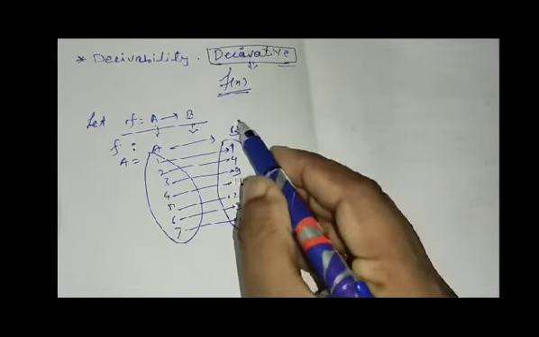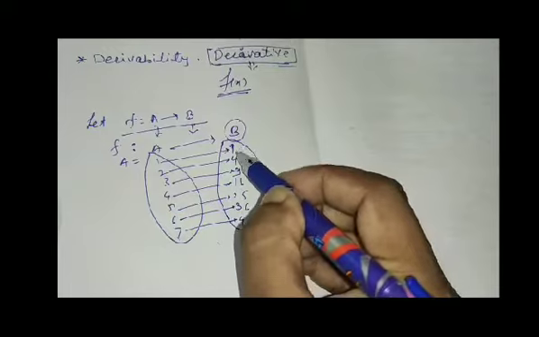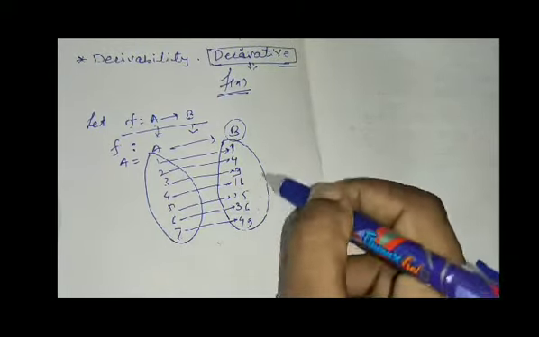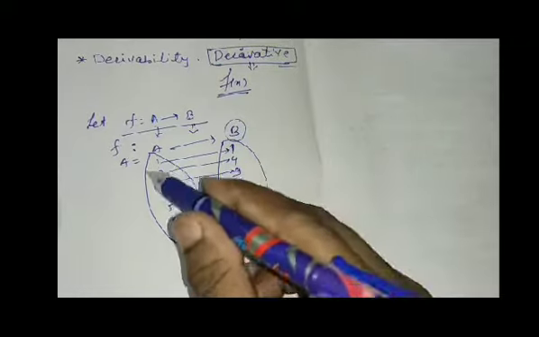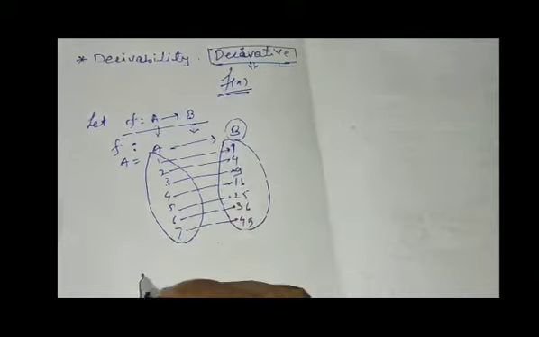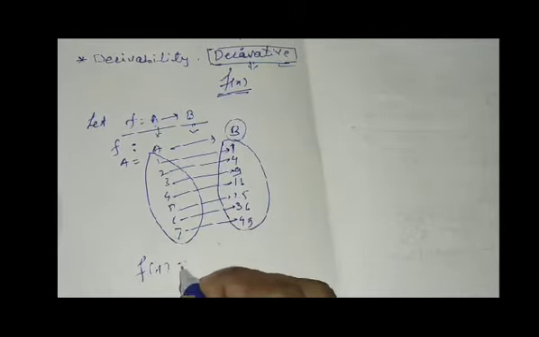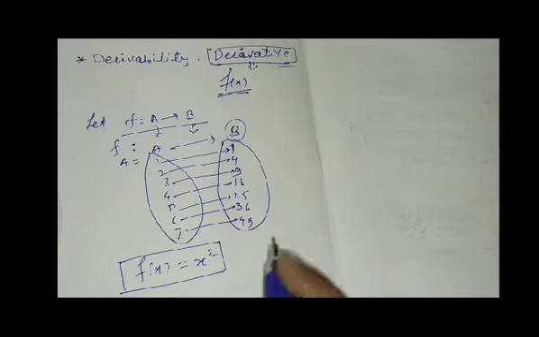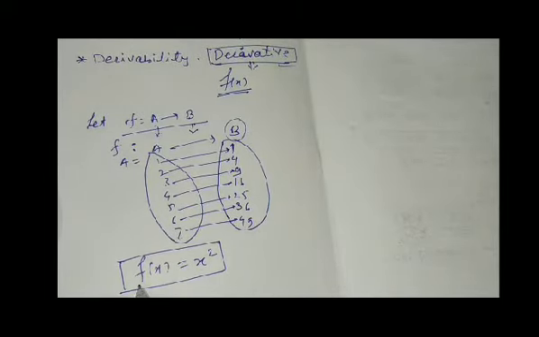In set B, there are elements 1, 4, 9, 16, and all these elements are squares of elements of set A. So I write f of x is equal to x square. What is meant by f of x equals x square? It means f is the function. Function indicates the rule by which an element of set A associates to an element of set B.